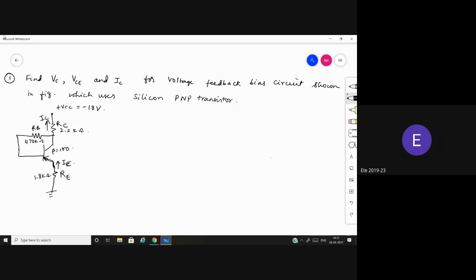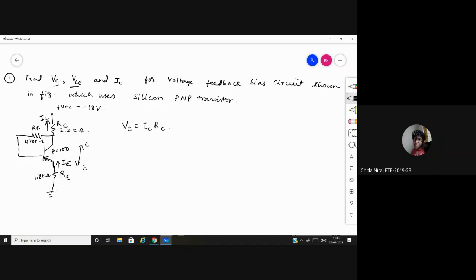Now we know what is VCE. VCE is what? The voltage drop between collector and emitter, right? If you want to find VC, that is collector voltage, can you apply this formula? Is there anybody who says no?